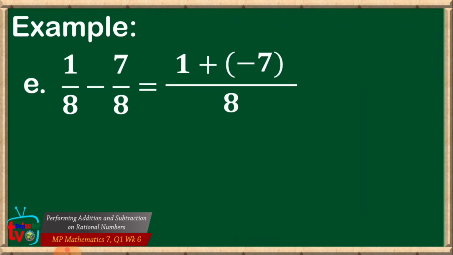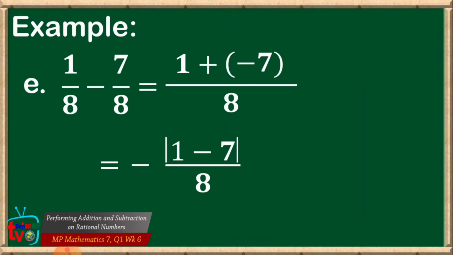Because 1 is positive and 7 is negative, the rules state that we will subtract the numerator, get the absolute value, copy the denominator, then carry the sign of the fraction having the greater value, that is negative 7.